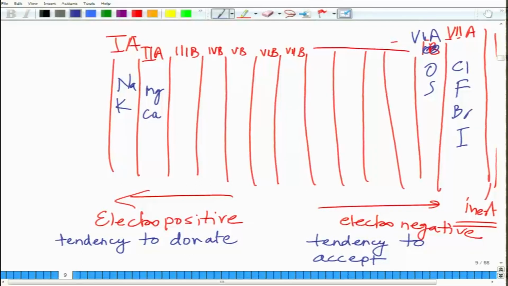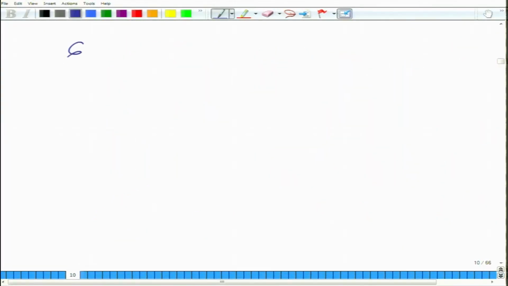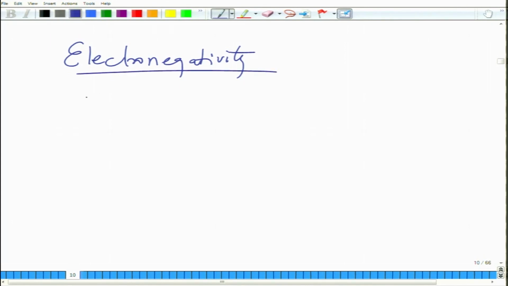So typically the nature of electropositivity or electronegativity is determined by a value called electronegativity, and electronegativity ranges from 0.7 to 4. So 0.7 will be electropositive or less electronegative, 4 will be highly electronegative.